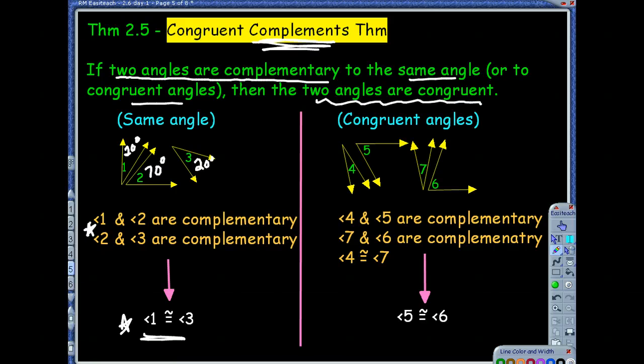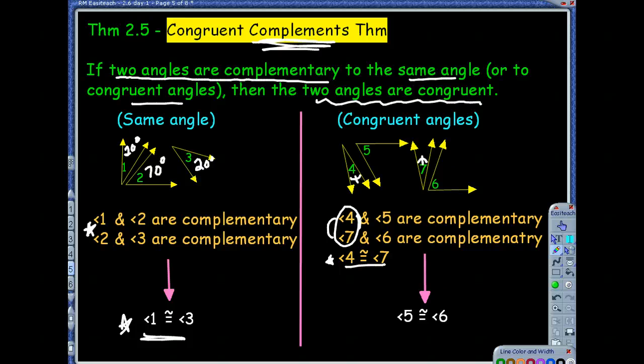And again, the congruent complements theorem works when you have two sets of complementary angles. Notice they don't have any same angles, but they do have a pair of congruent angles. So angle 4 is complementary to angle 5, angle 7 is complementary to angle 6, and they have these congruent angles.